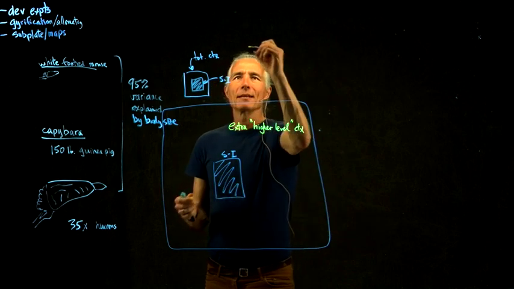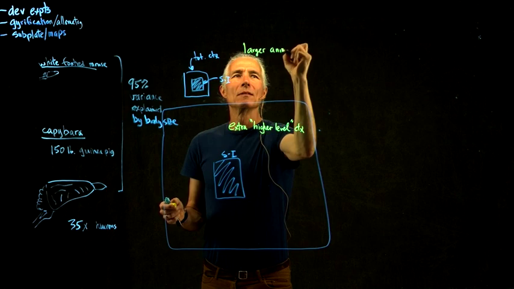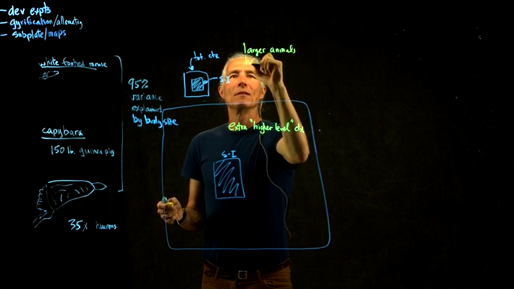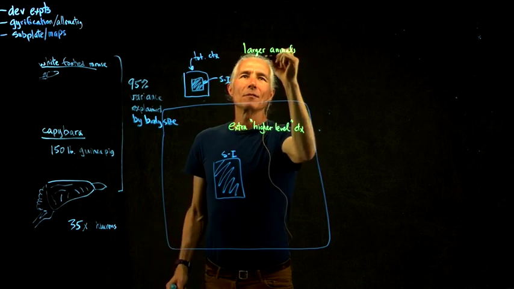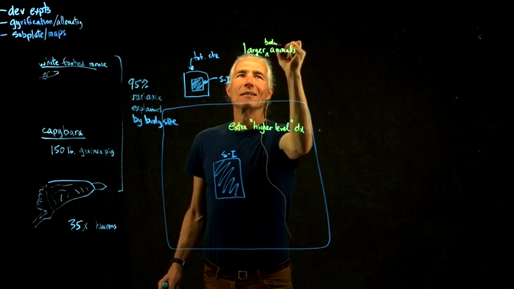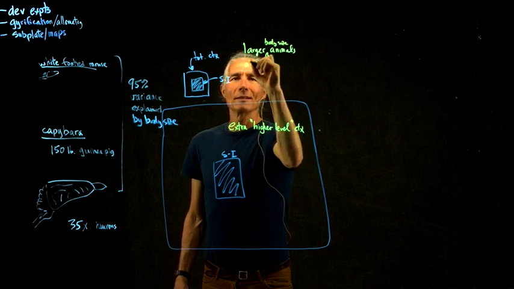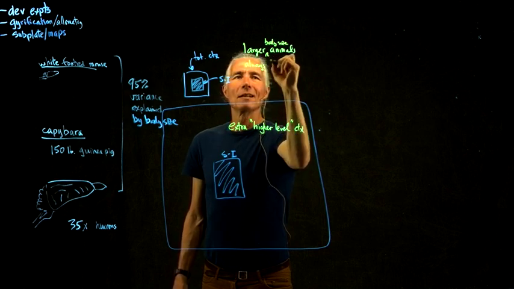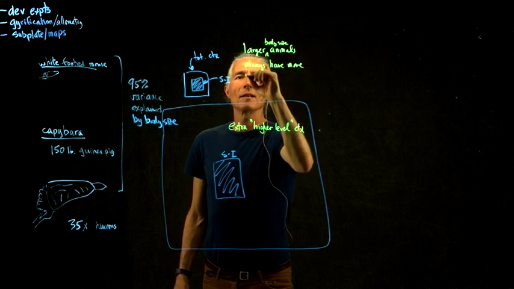So we could say that larger animals always have more non-primary cortex.